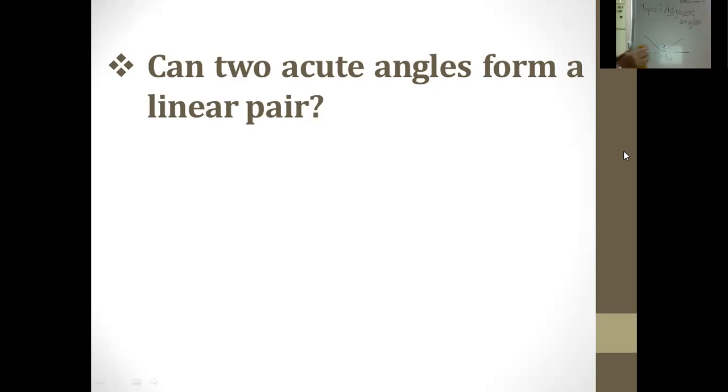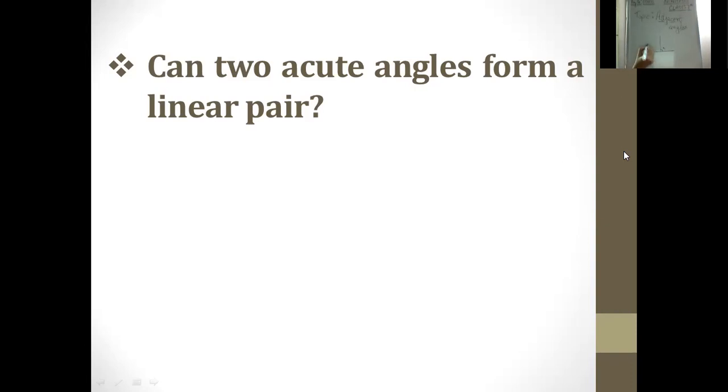First of all, let us draw an acute angle. Let me just give you the right idea. We know that acute angles are less than 90 degrees. So we draw 90 degrees here. We know that we have to see between the less than 90 degrees.